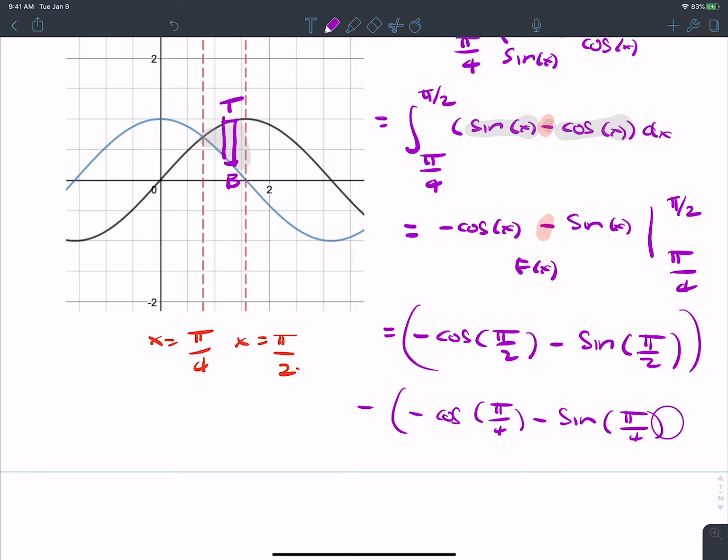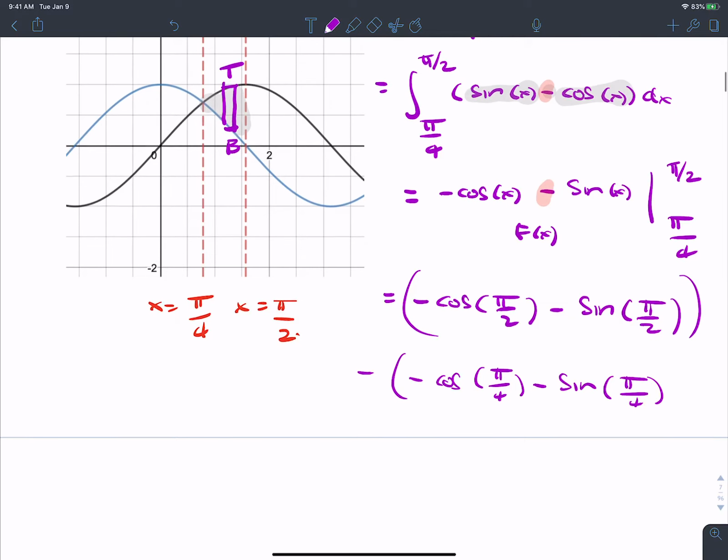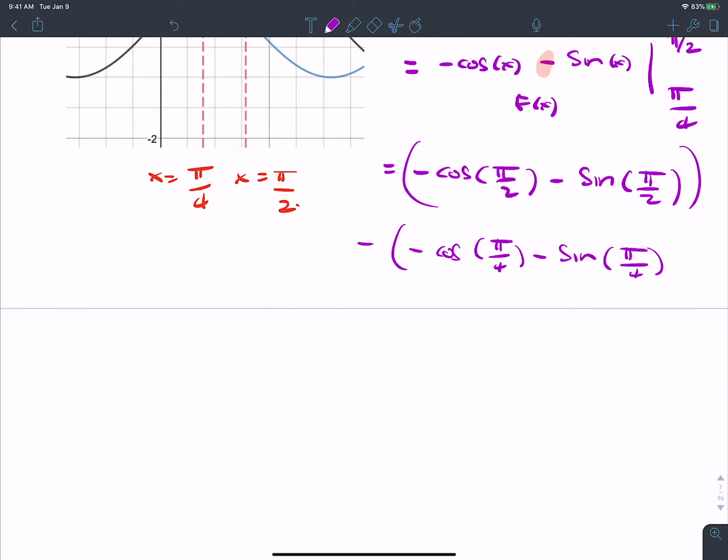So at this point, for myself personally, I think what I would like to do here is simply simplify by distributing. So I'm going to drop the first parentheses, and I'm going to distribute the negative signs.